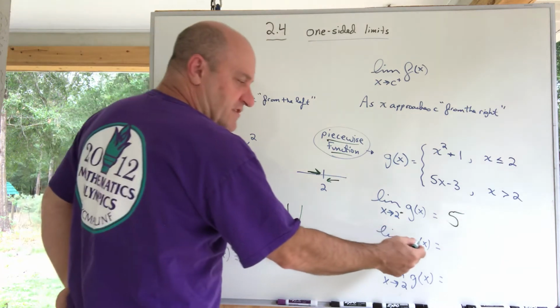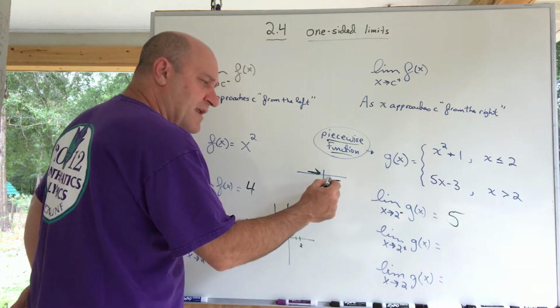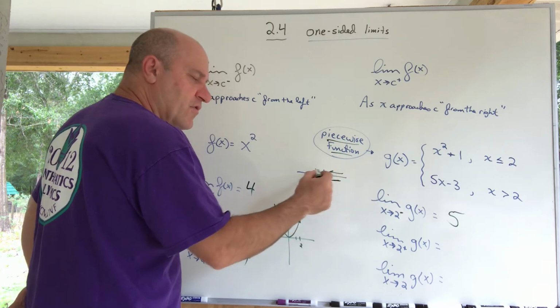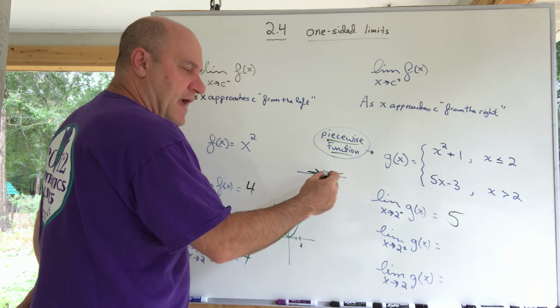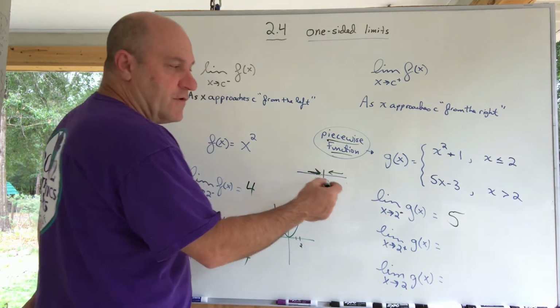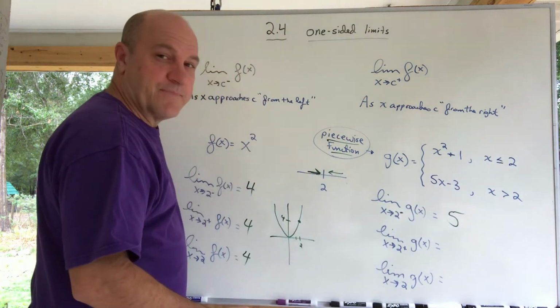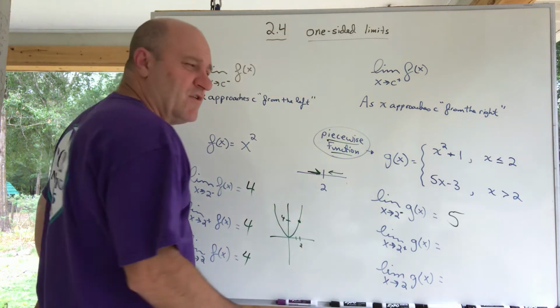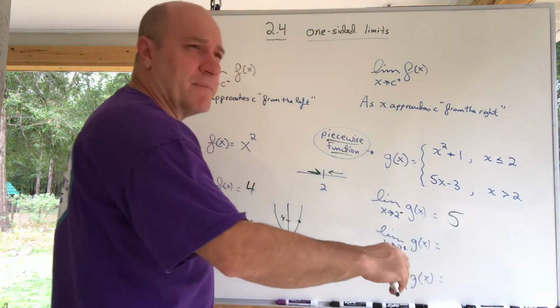Here's another question. The limit of this function as x approaches 2 from the right. As you approach 2 from the right, you're bigger than 2. And if you're bigger than 2, I think you just plug a 2 in there. Remember, we're doing a limit, so there's no equal sign here.